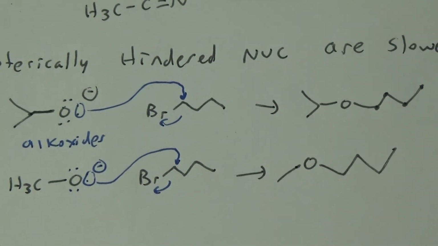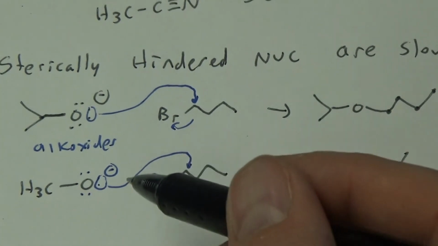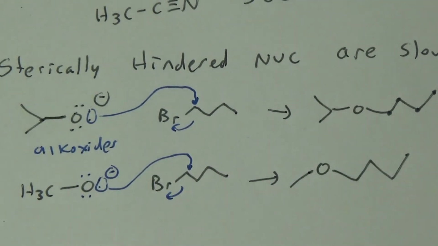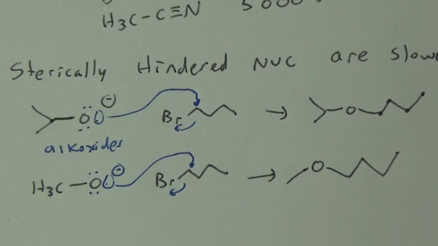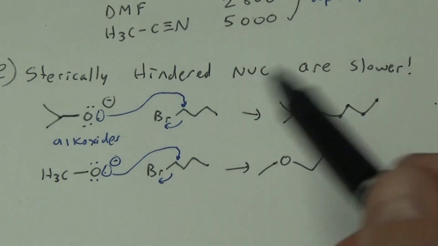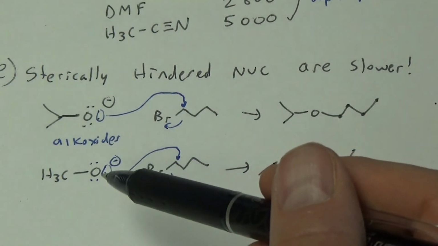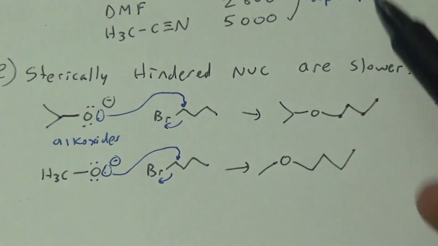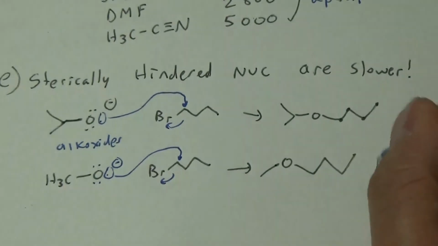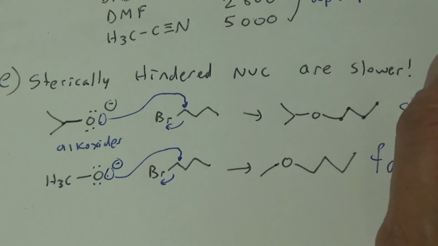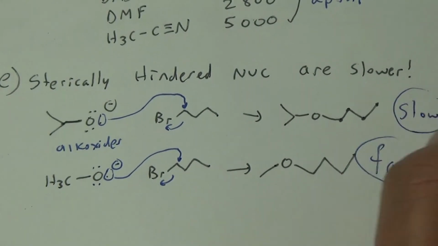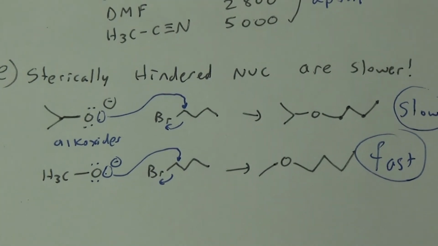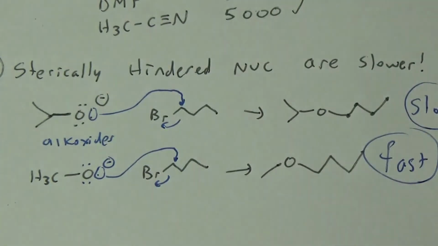Alright, nothing really substantially different. Two different alkoxides. Which is the fast reaction, which is the slow reaction? We haven't really addressed this yet, but it totally makes sense that the fast one would be the sterically less hindered one, the methyl without those extra methyls. So this is the fast one, and this is slow. Totally makes sense, right? Due to the steric hindrance of the top one.